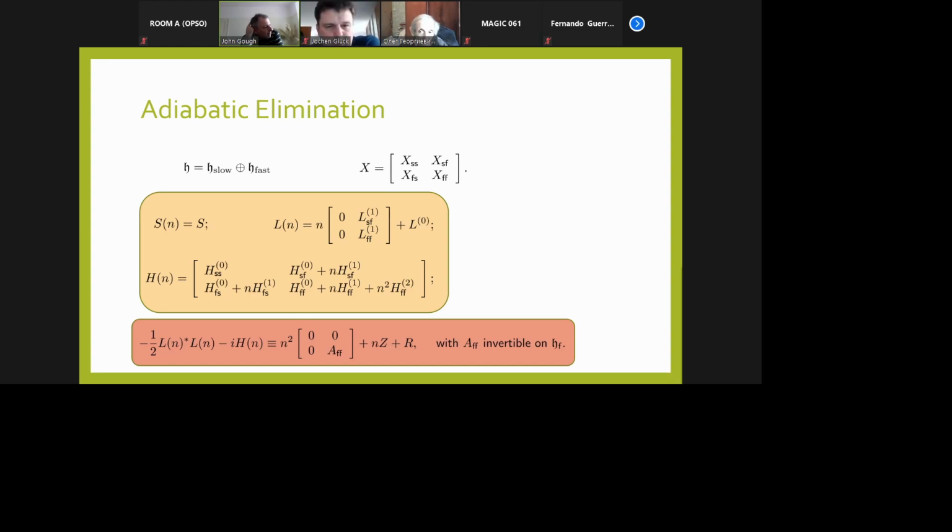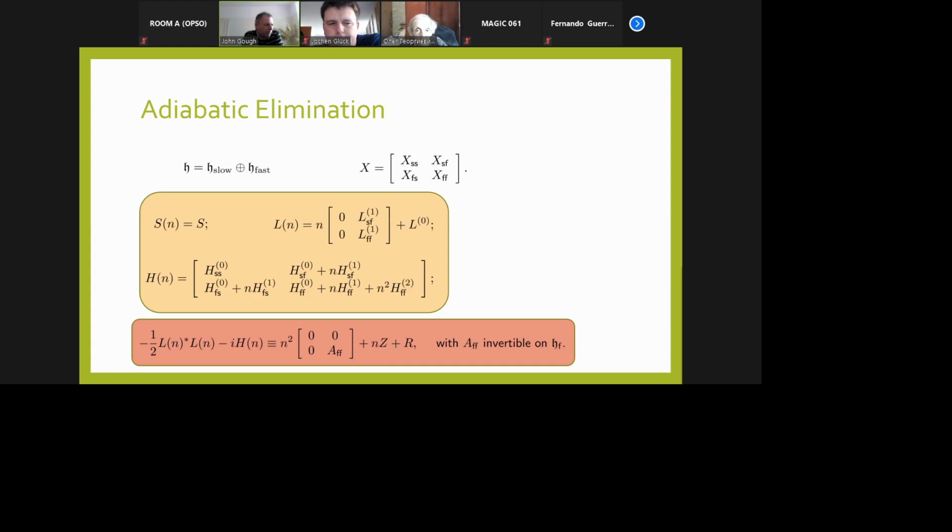The coupling operators, we want these to have a part which is singular, but there are terms which are not contributing. It's just the fast to slow and the fast to fast components which are allowed to be non-zero. So that's going to be the divergent part, plus some fixed term L0.